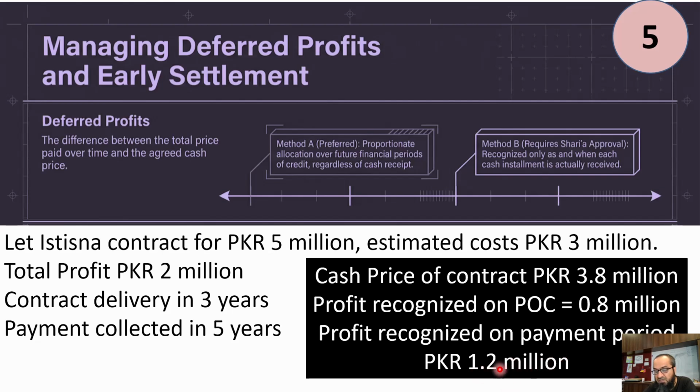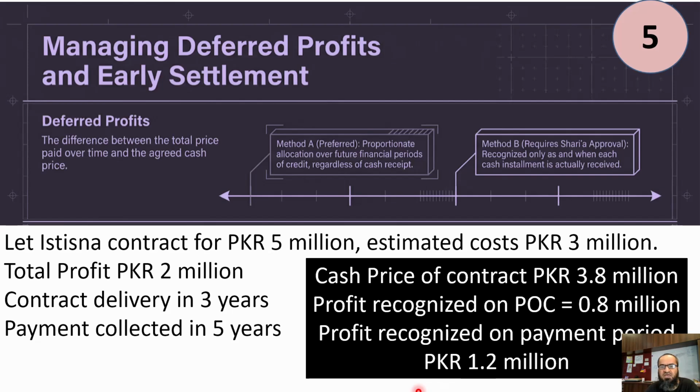So this will be recognized in the last 2 years after the completion takes place, for example, in the 4th year and the 5th year. This is the way the standard stipulates that if the payments will follow the delivery of the asset under construction, which is al-masnu, then we split the profits between the manufacturing period and the payment period.